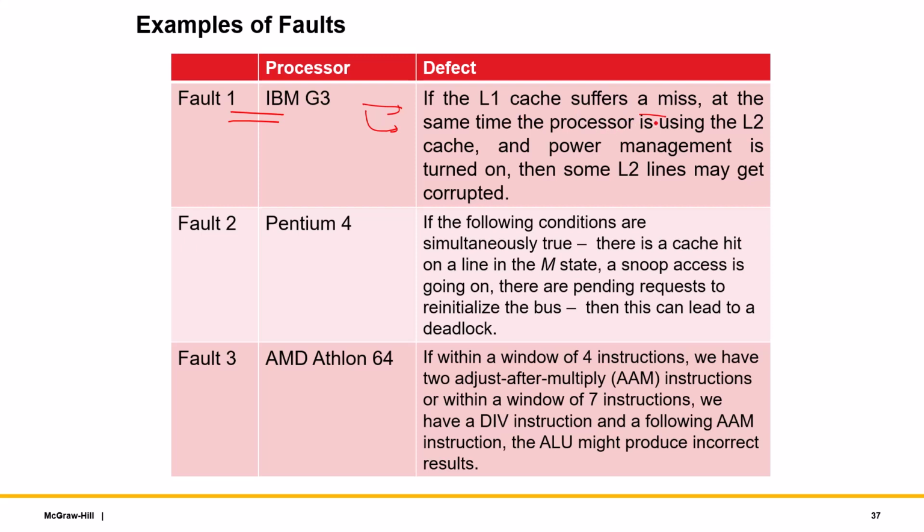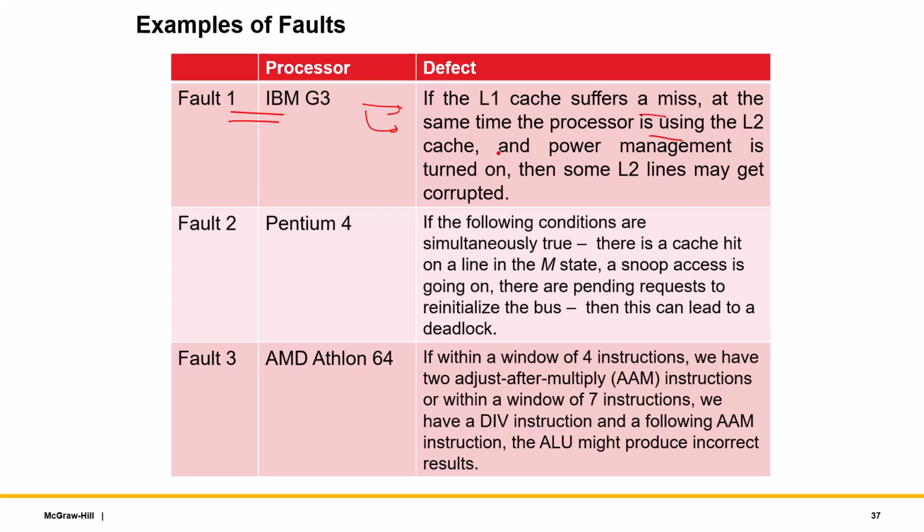At the same time, the processor is using the L2 cache and power management is active. So when all three conditions are turned on, some L2 lines may get corrupted. So this basically means that if power management is active, then one option is to turn off power management, and this condition will never happen.